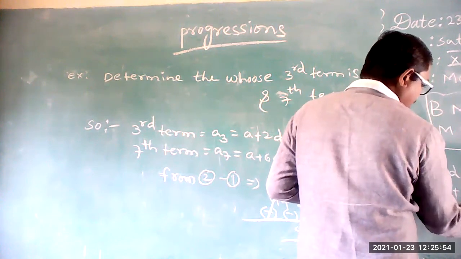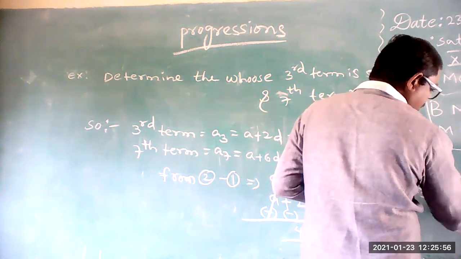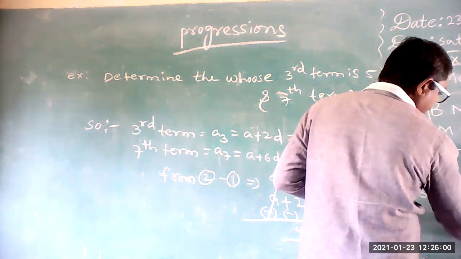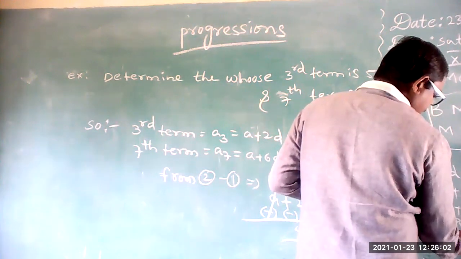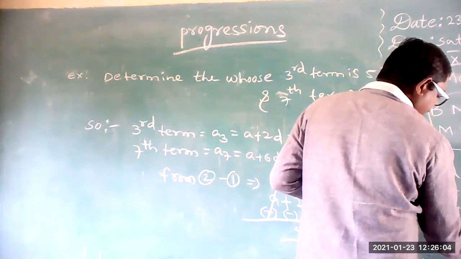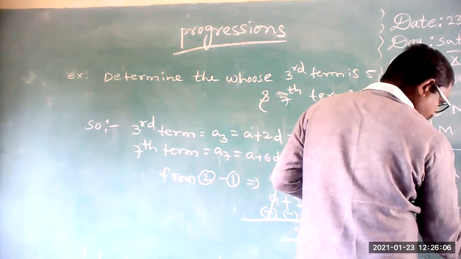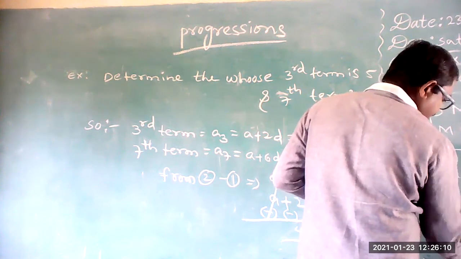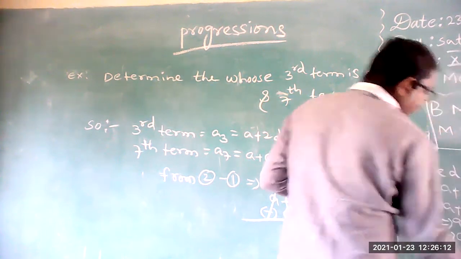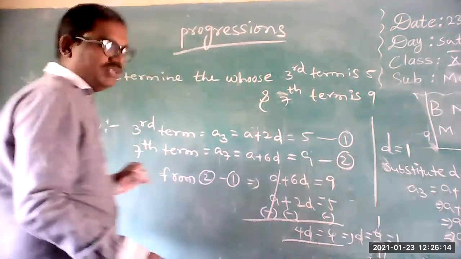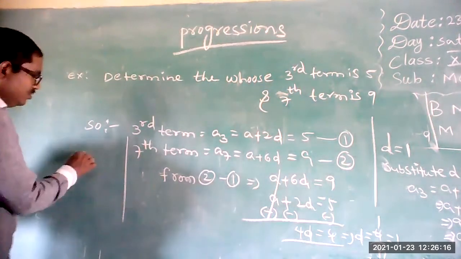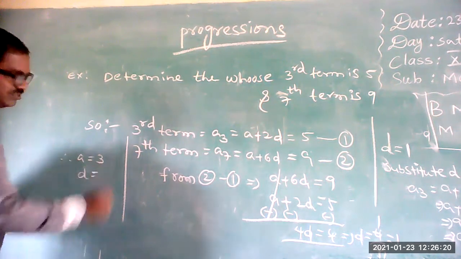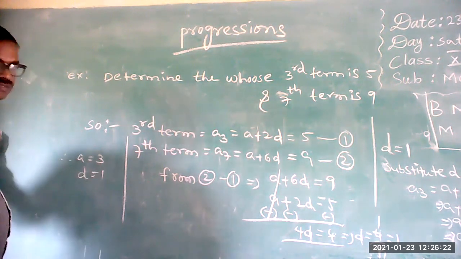So A plus 2 into 1 is equal to 5, so A plus 2 is equal to 5. A is equal to 5 minus 2, which is 3. Therefore A is equal to 3 and D is equal to 1.